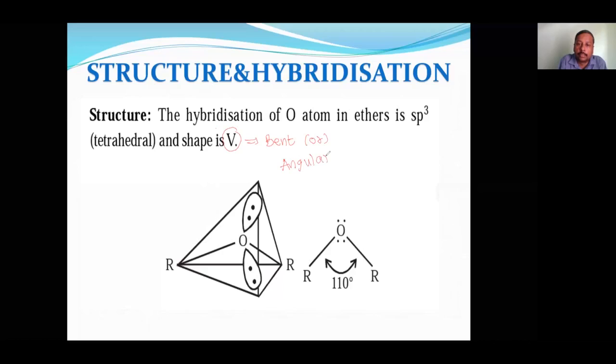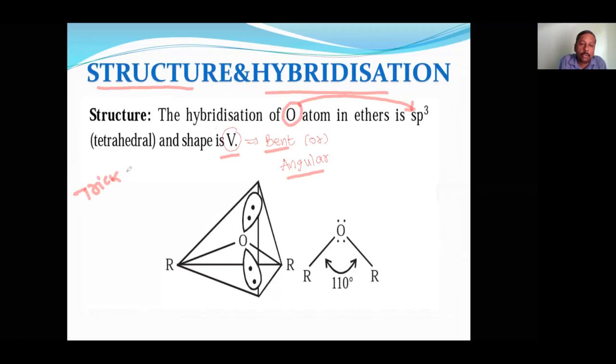It is not necessary that they will always mention the shape of the ether as V. And hybridization here is of the oxygen, which is sp3 hybridization.